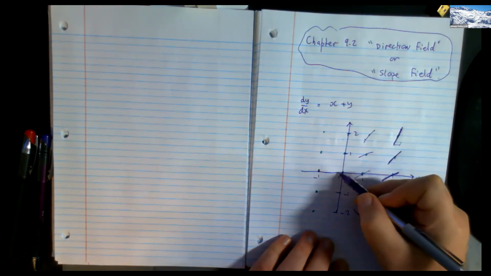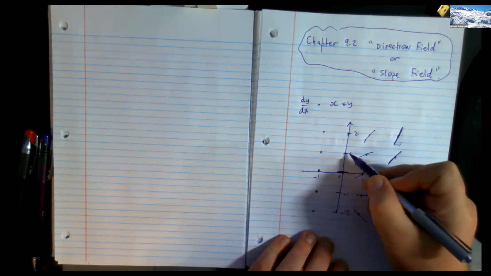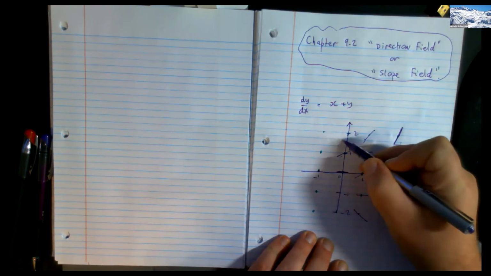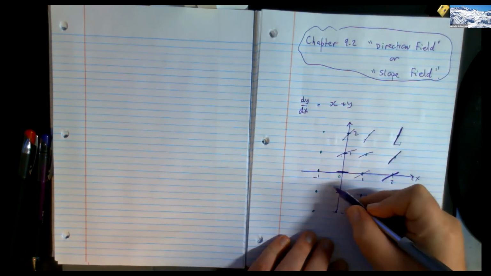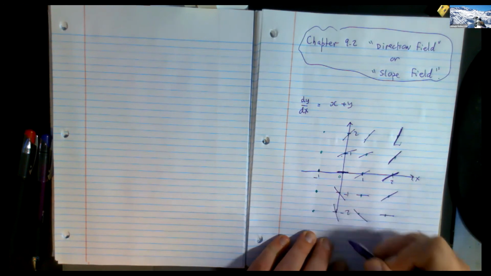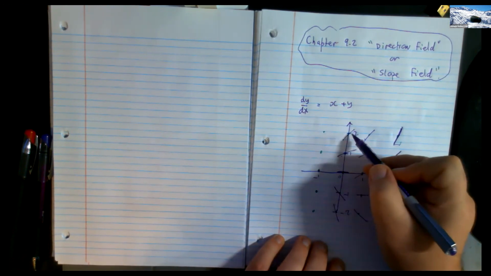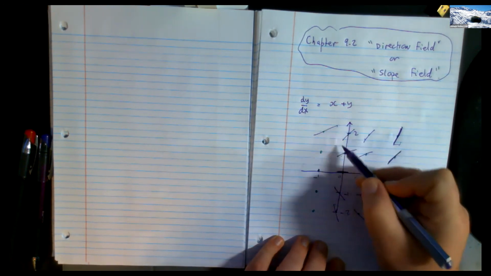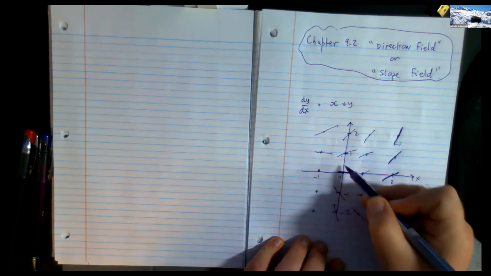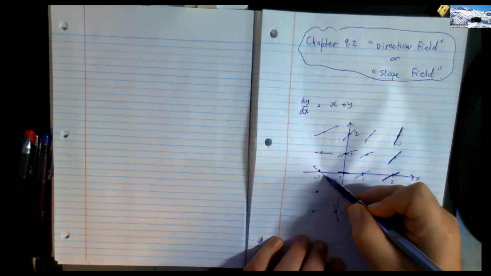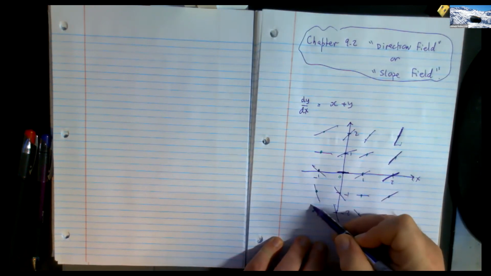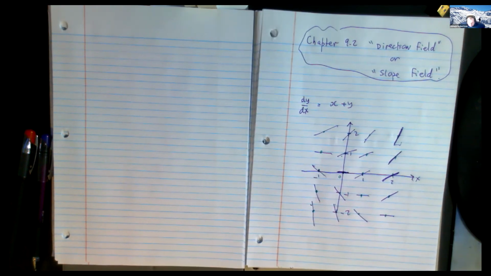In this case, you've got 0, so it goes that way. You've got a 1, a 2, a -1, a -2. Here you've got a slope of 1, 0, -1, -2, -3. It wasn't particularly accurate.